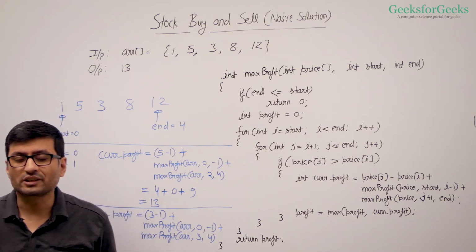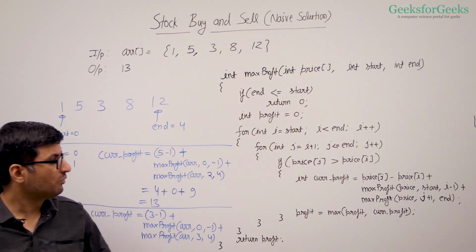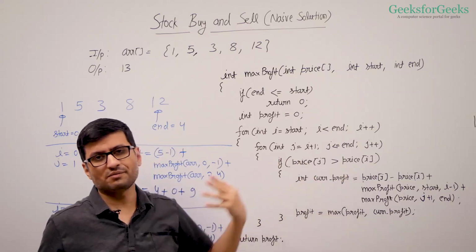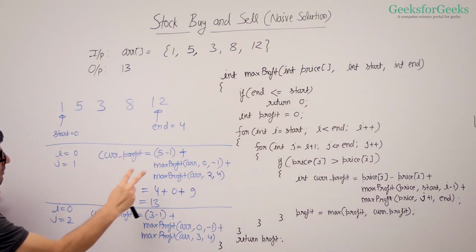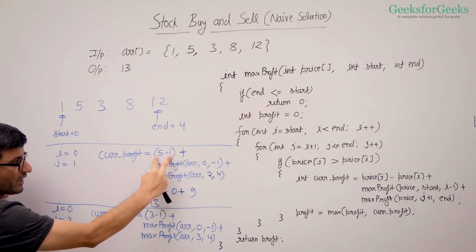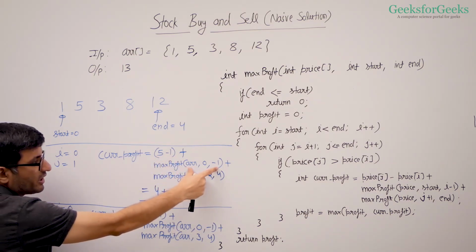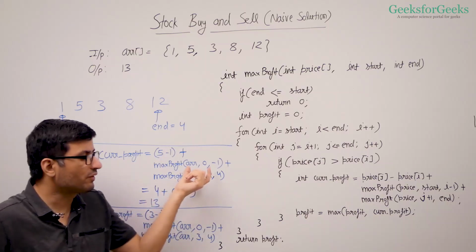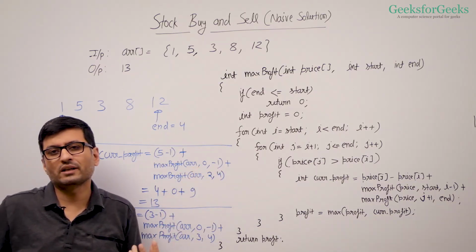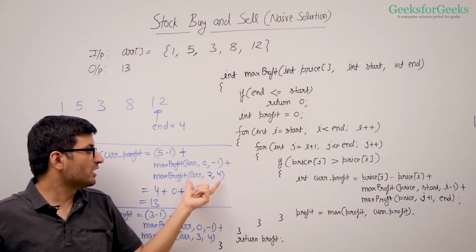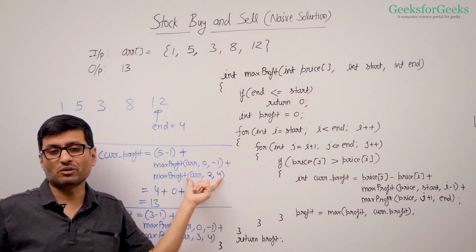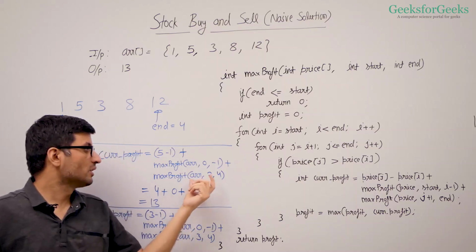Because price of j is greater than price of i. We would not have considered this pair if price of j was equal or smaller. So we consider this pair, find the profit with this pair as 5 minus 1, recursively call and find the profit on the left of i. Left of i means 0 to i minus 1, which is minus 1 here. And then recursively find the max profit from the right of j.